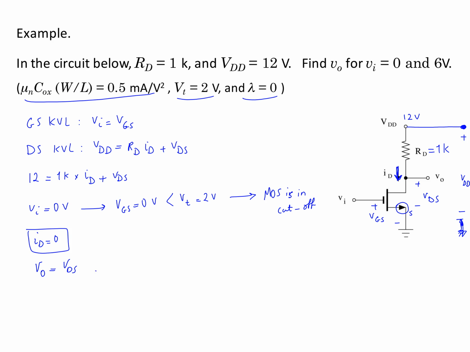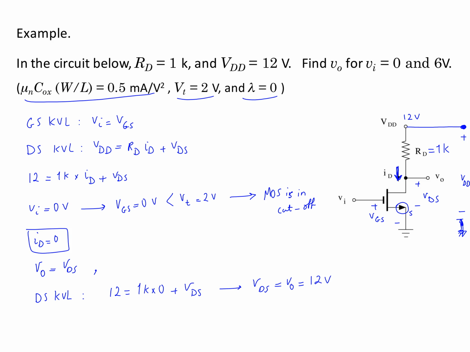Then from the drain to source KVL, I can calculate this value of VDS. 12 equals to 1K multiplied by 0 plus V of drain to source. That is going to give me V out of 12 volts.